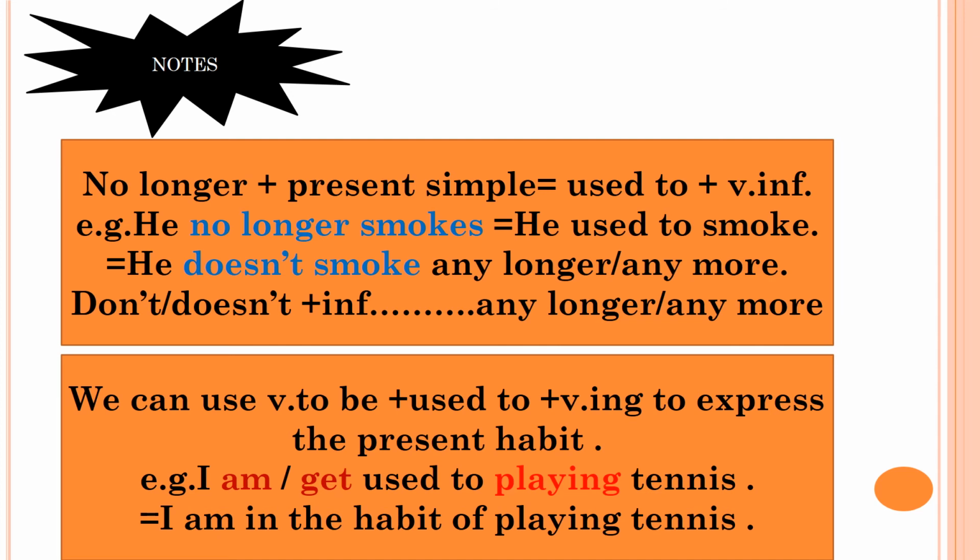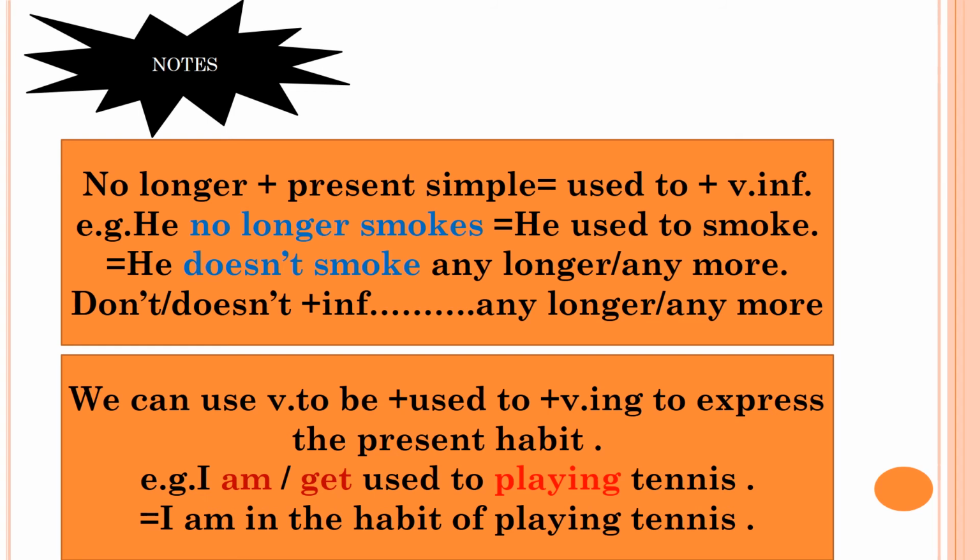Like I say, I am used to playing tennis, or I get used to playing tennis. Here it means I am in the habit of playing tennis. I still play tennis.